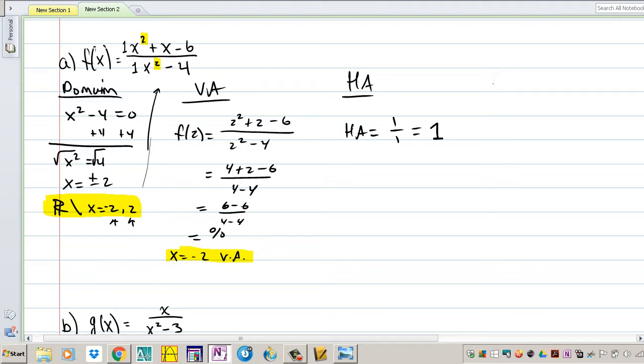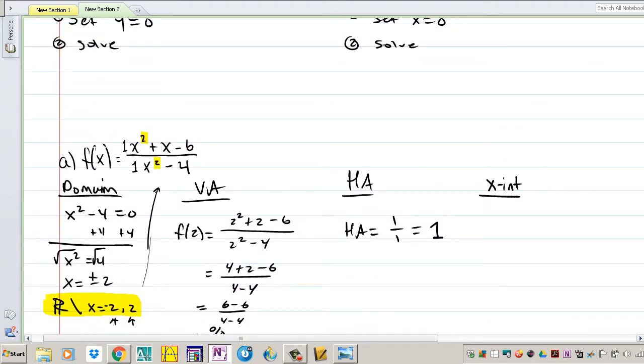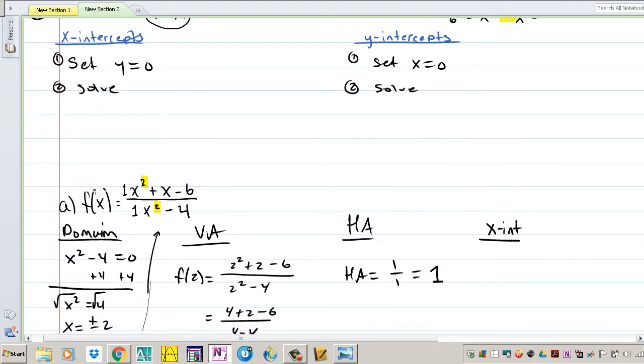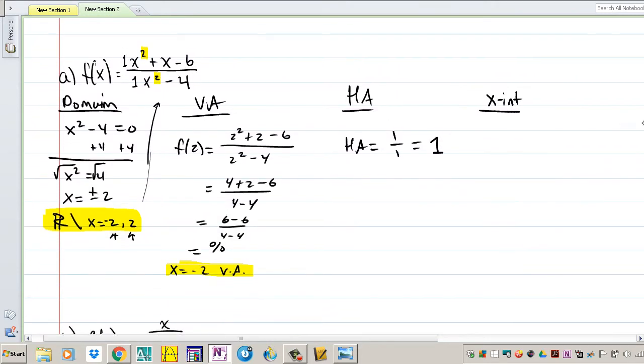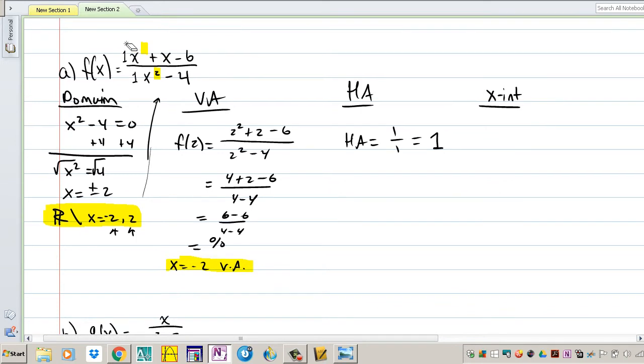Now let's solve for x-intercepts. According to the notes, set y equal to 0, which is your f of x, and then solve. So 0 equals x squared plus x minus 6 all over x squared minus 4.